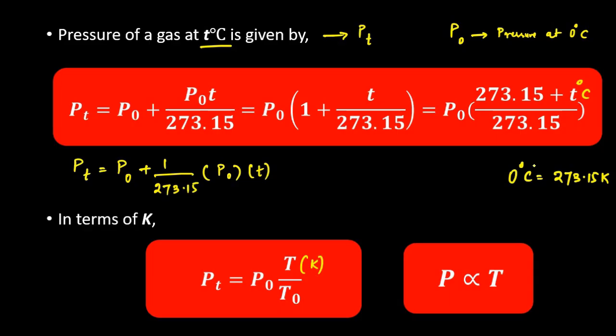So we can write Pt is equal to P0 into temperature in Kelvin by T0, where T0 is 0 degrees Celsius or 273.15 Kelvin. So here we have a relationship between the pressure at a particular temperature and that temperature.